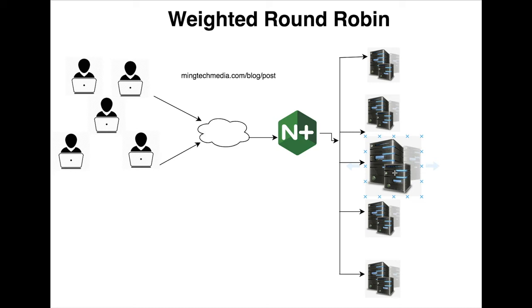But the crux of what a weighted round robin is, is scheduling designed to better handle servers with different processing capacities. Each server is assigned a weight, usually an integer value that indicates the processing capacity. The servers with higher weights receive new connections before those with less weight, and get more connections than those with less weight.